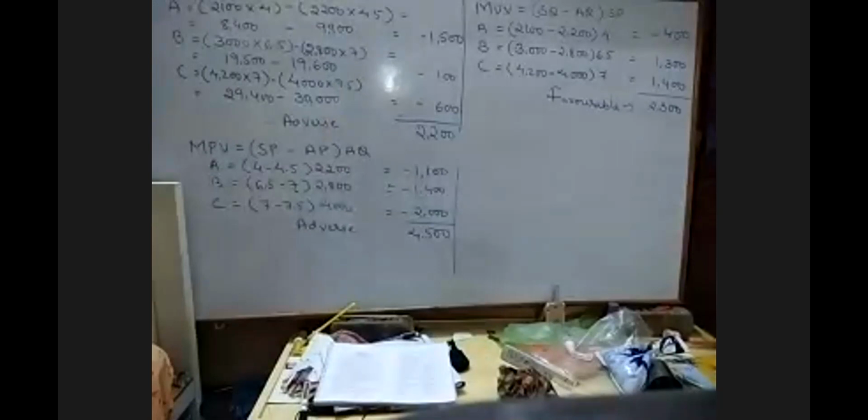Next, C is equal to 4,200 minus 4,000 multiplied with 7, which is 1,400 favorable. So the total will be 2,300 favorable. Hope you have understood this.